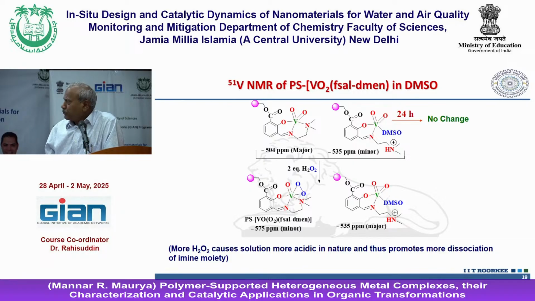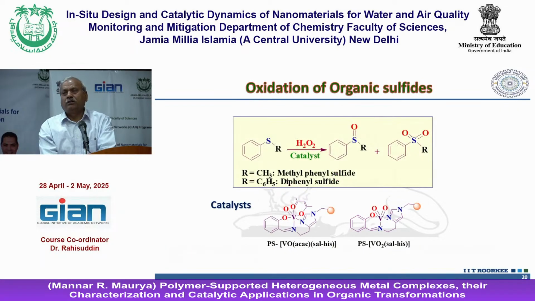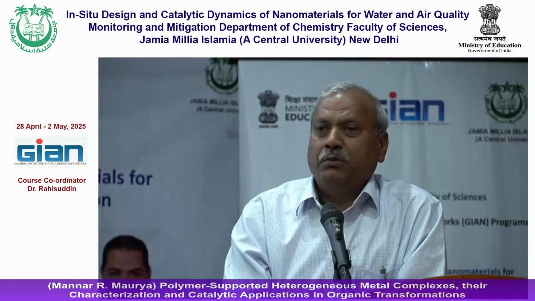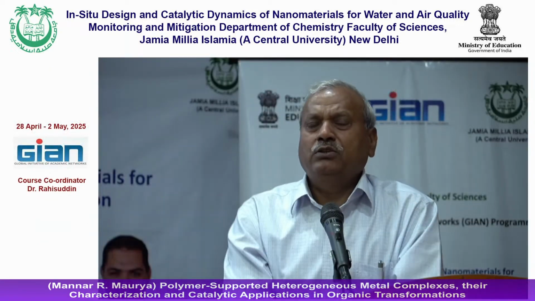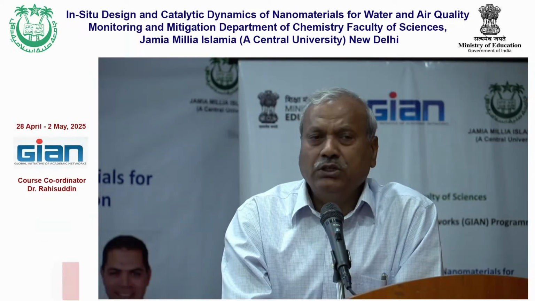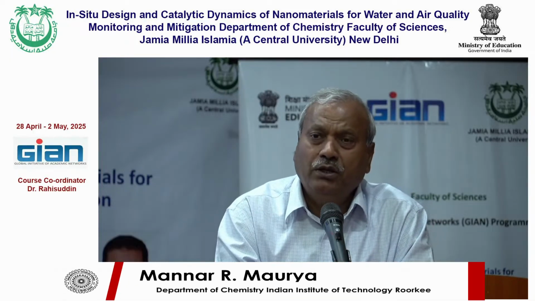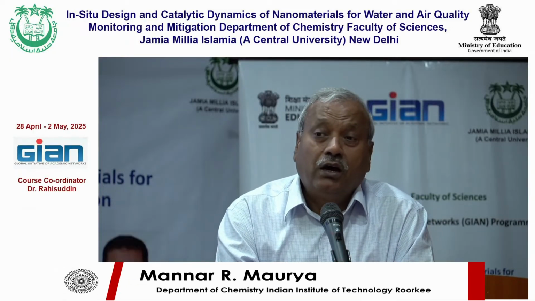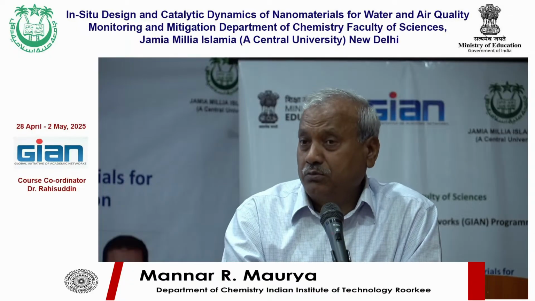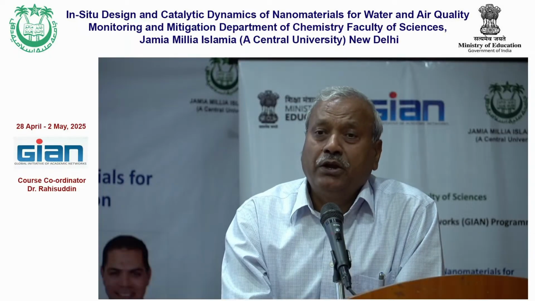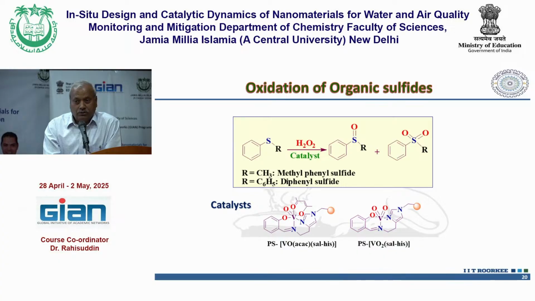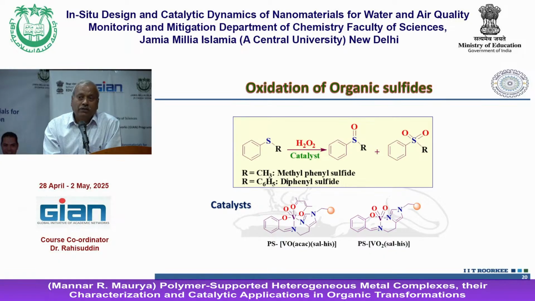All right. Now, after doing that, characterization using all these different techniques, we are familiar with the compound formed, always comparing with the homogeneous metal complex. So we get an idea of what structure is possible in the immobilized materials. Then we started some catalytic activity.